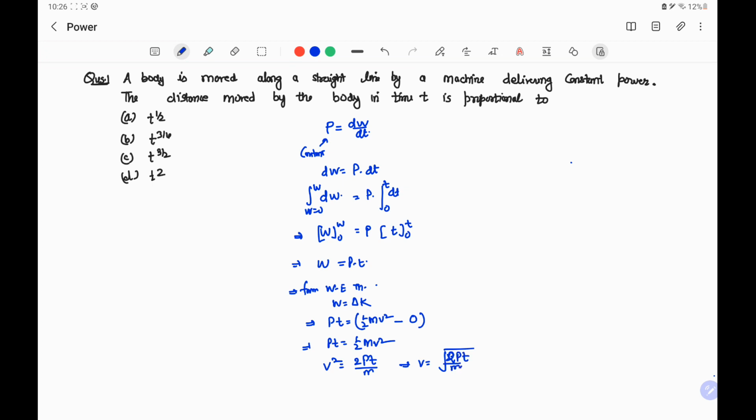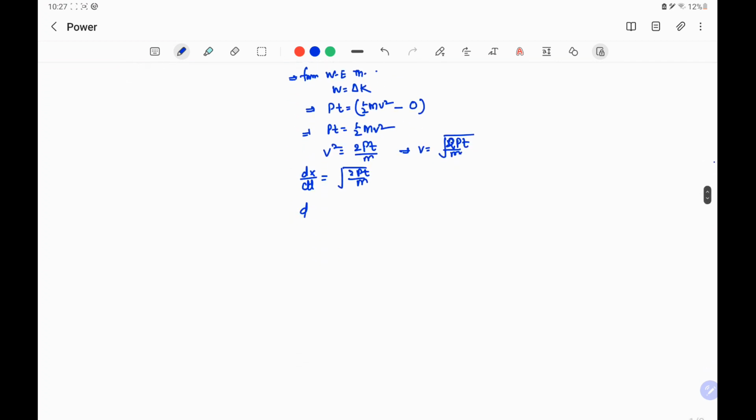We want distance moved by the body in time t. Therefore, this velocity can be written in terms of displacement, that is rate of change of displacement is velocity, so dx by dt will be equal to root 2Pt by m. Now to find the x, we rearrange dx equal to root 2Pt by m into dt, and integrating, we will have integral of dx equal to integral of root 2Pt by m dt, and limits are for x from 0 to x, and for time it is 0 to t.